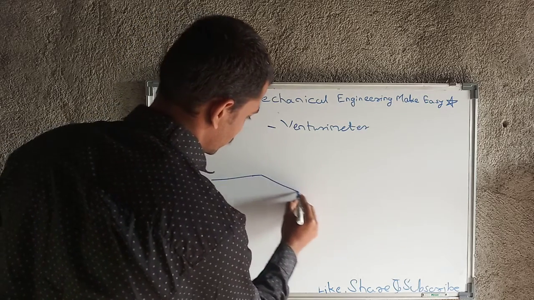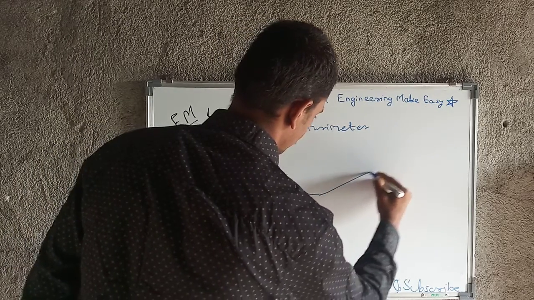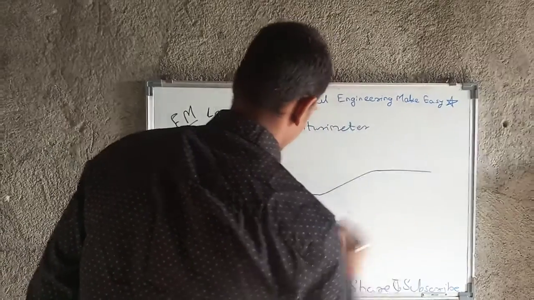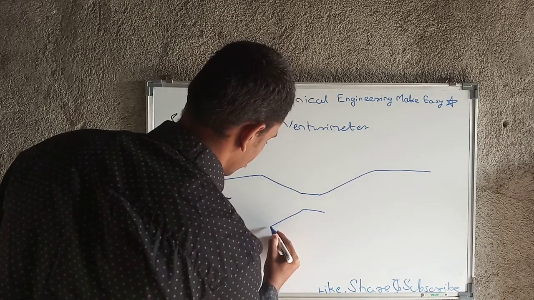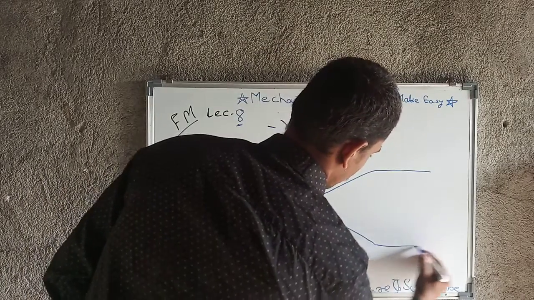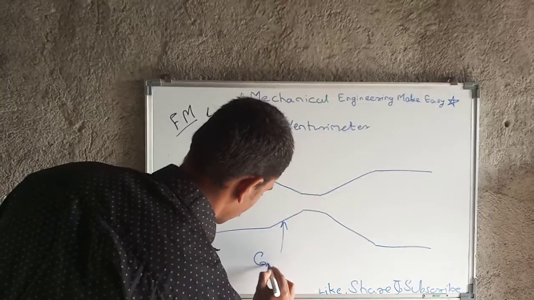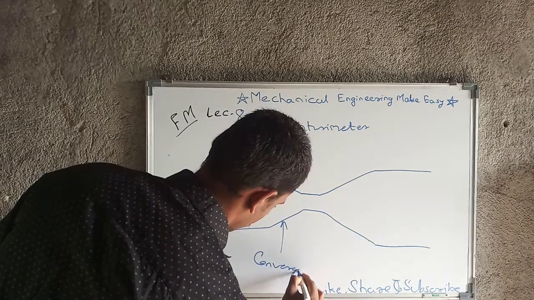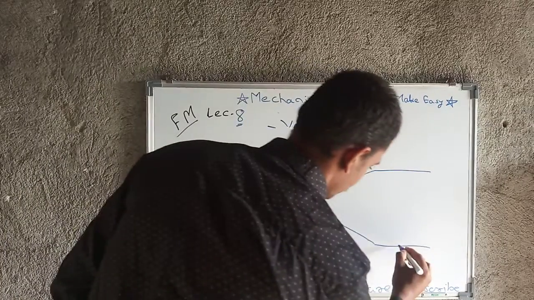The venturimeter is like this. We have one converging section, throat and diverging section. At the throat, the diameter is minimum. This is the converging section. This is the diverging section.